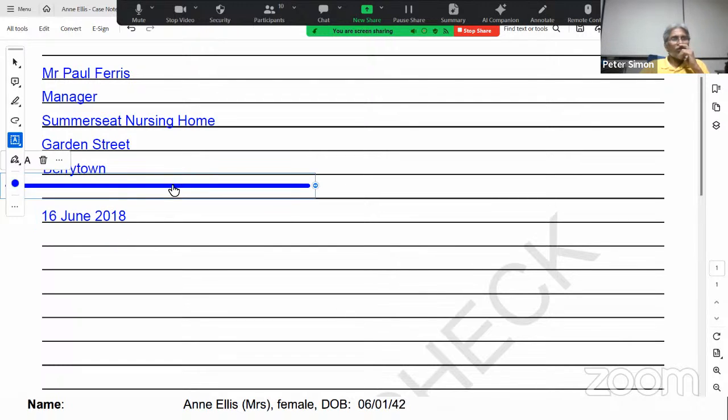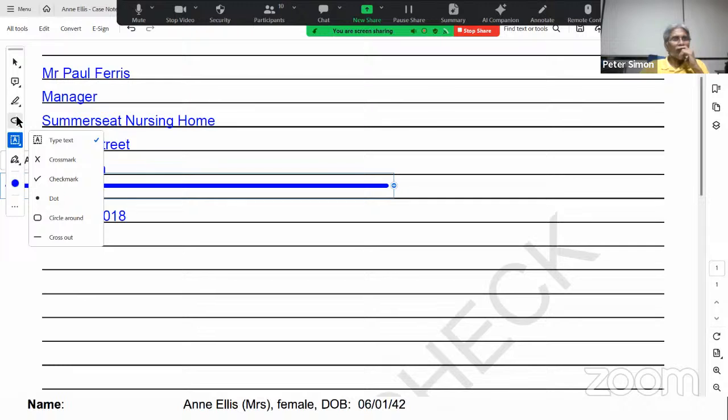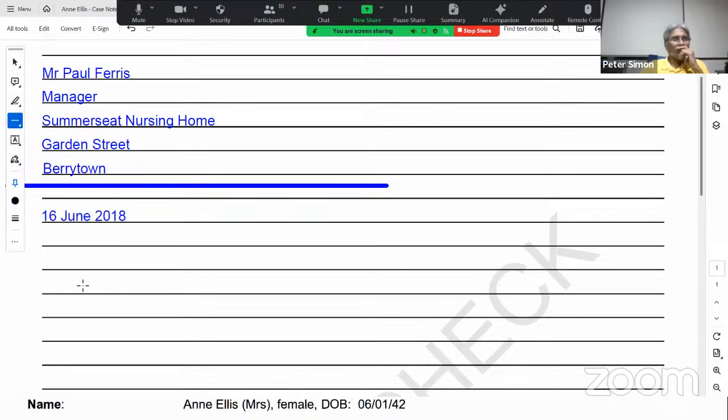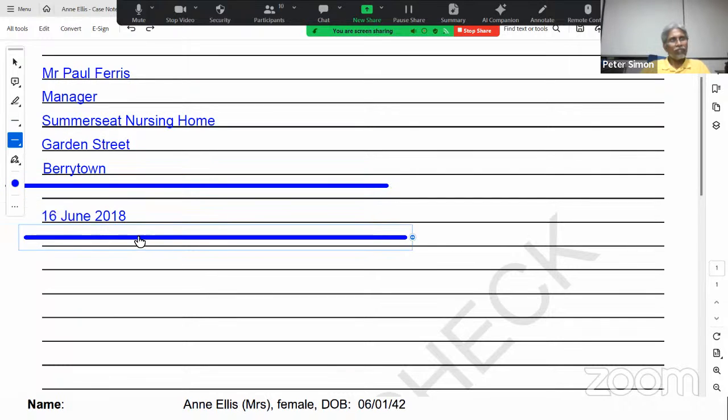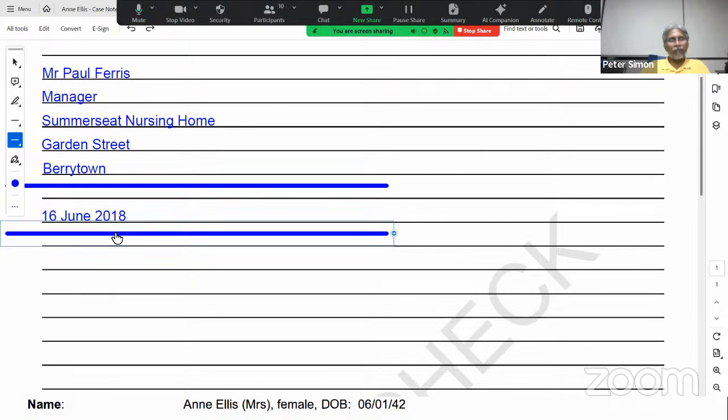Now again, you are going to leave one line again. Afterwards, leave one line again.